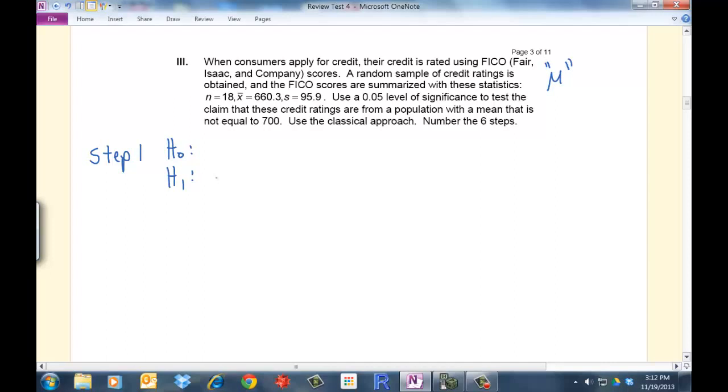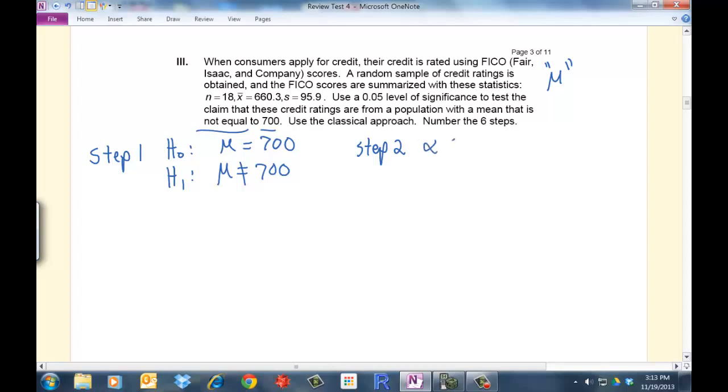The researcher says that he thinks that these scores are from a population that has a mean other than 700, or not equal to 700, which points us to a two-tail test. And then we know that the null is always structured as mu is equal to.